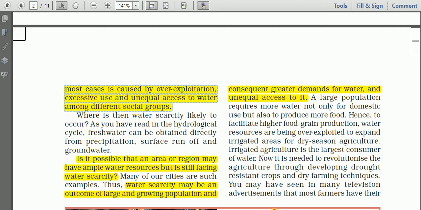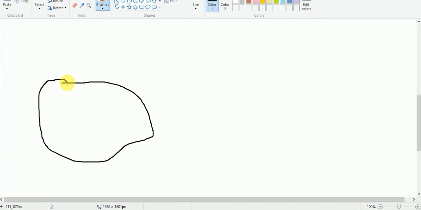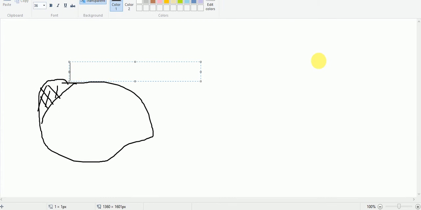For this case, let me give just one example. Here this is a village, and in one section of the village, this section is occupied by low caste people.